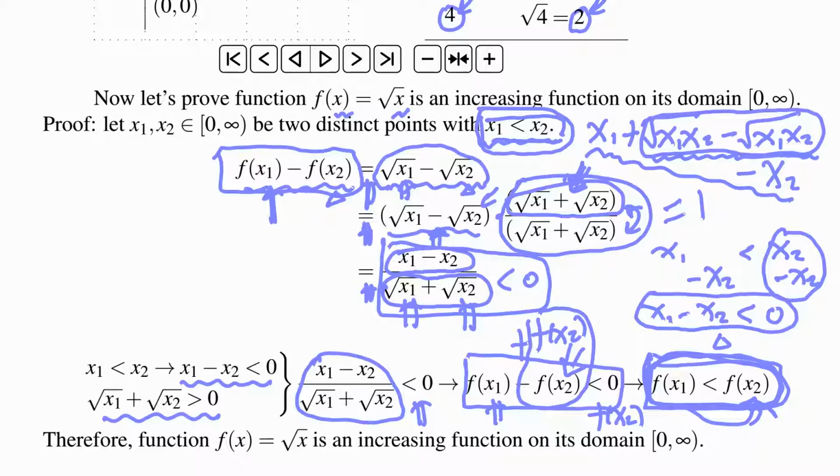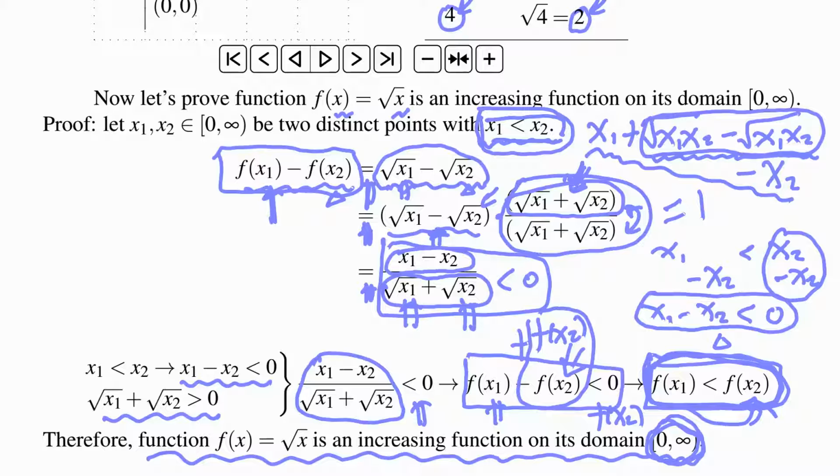Then we know f of x is an increasing function on its domain from 0 to positive infinity.